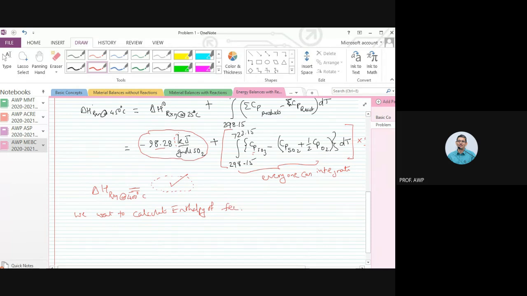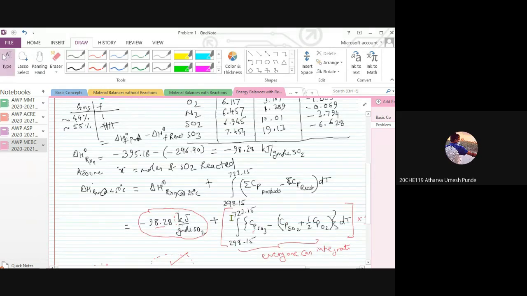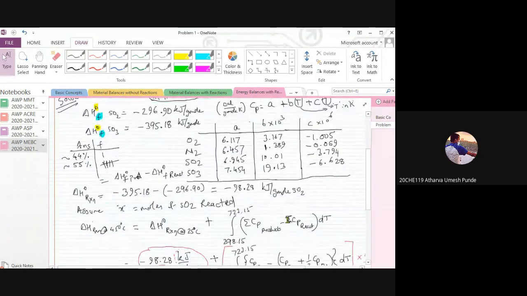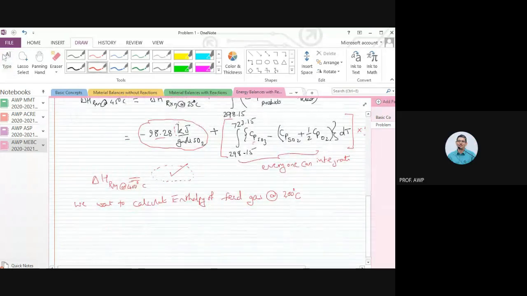Is that what you want to say? Yes, sir. Feed gas at 200 degrees centigrade. Sir, no, sorry, at 300 degrees Celsius, not at 200. Okay, now. So we assume it's the reference point, sir. So it will be 0 for all gases.